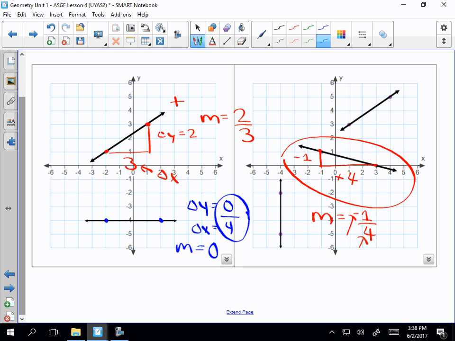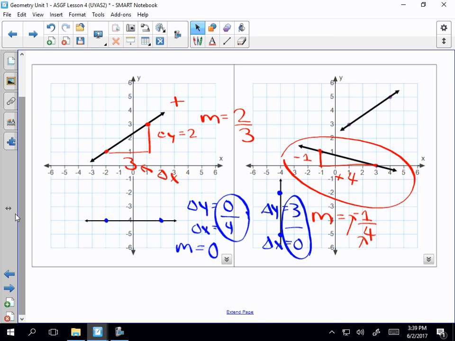Now, if we had a vertical line, like we have here, the change in y is 3, but the change in x is 0. We can't divide by 0, so that's why a vertical line has an undefined slope.